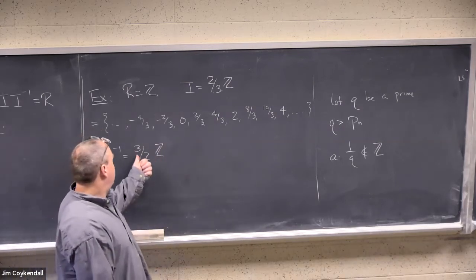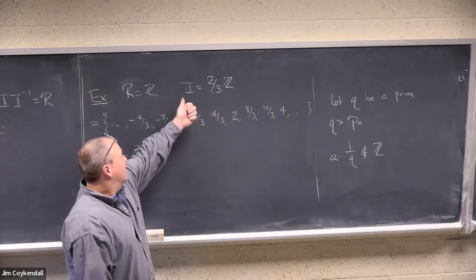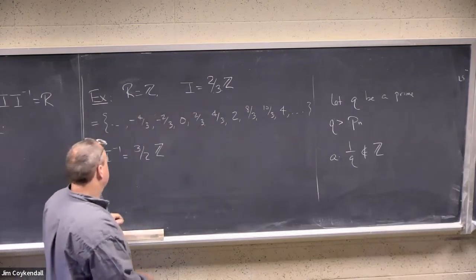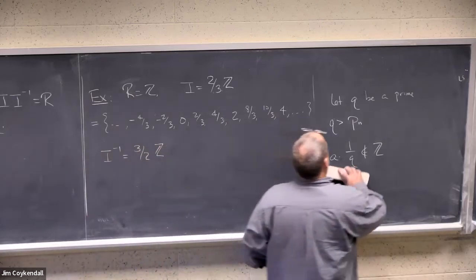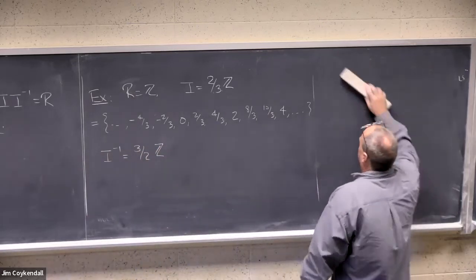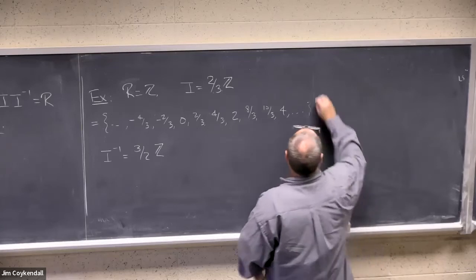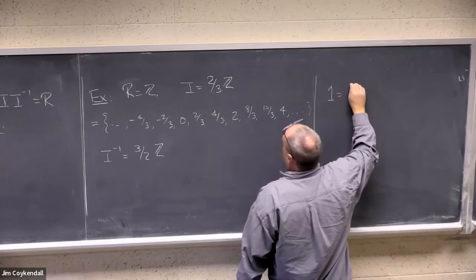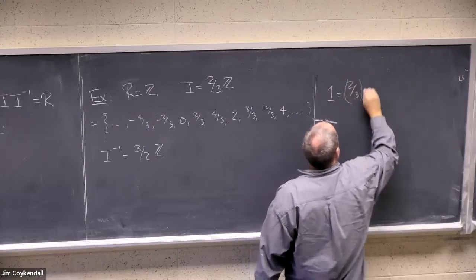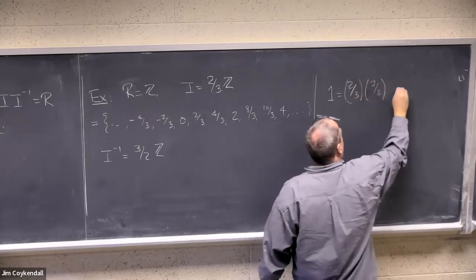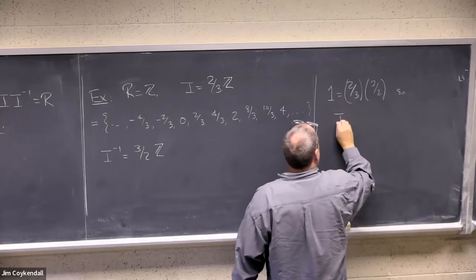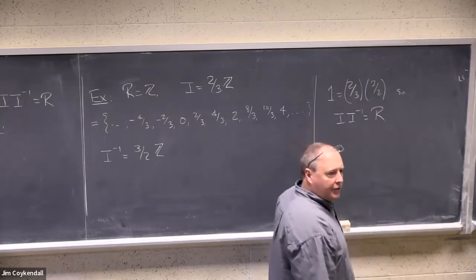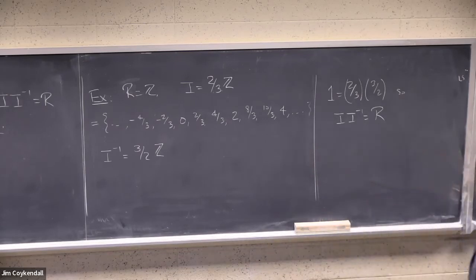Notice that if I take any 3 halves times an integer and multiply it times 2/3 of an integer, I get an integer, right? So this is actually an invertible idea.